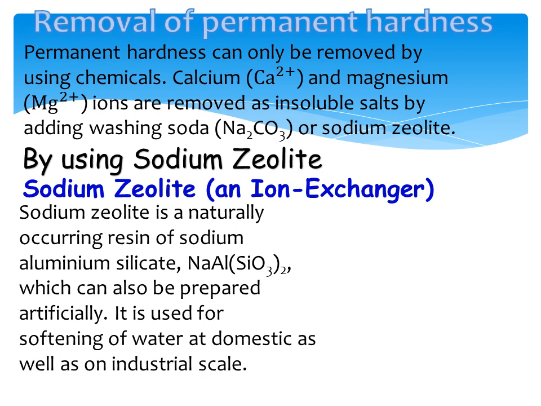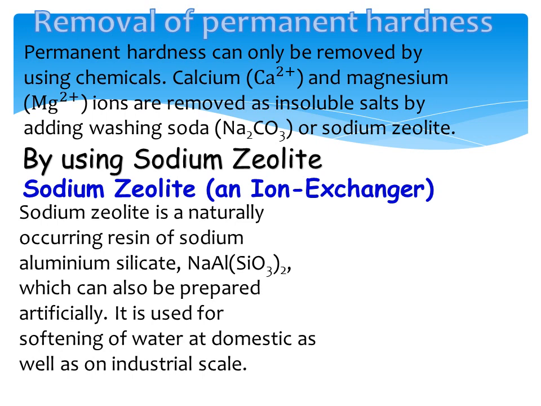Permanent hardness can only be removed by using chemicals in which calcium and magnesium ions are removed as insoluble salts, such as calcium carbonate, either by using washing soda, which is sodium carbonate, or using sodium zeolite. The first method we apply is the ion exchange method, in which we use sodium zeolite.